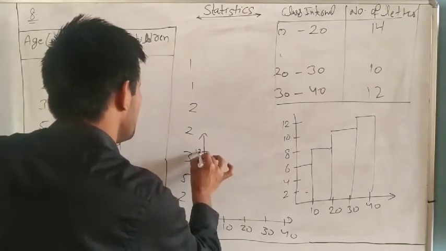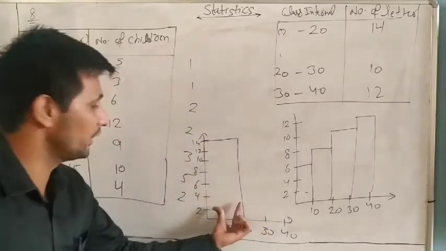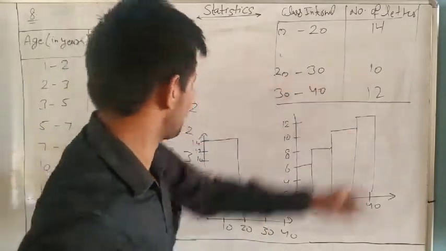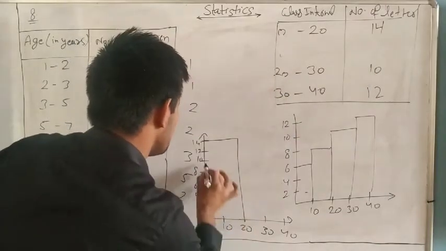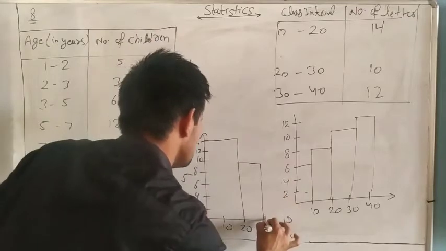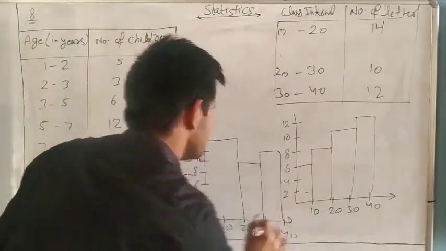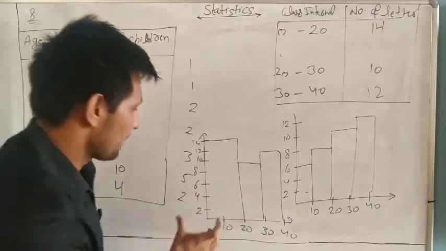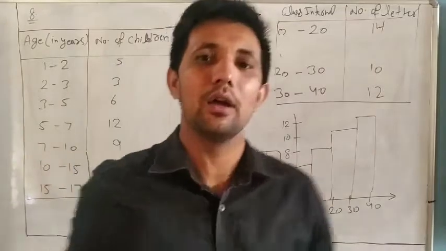So it is 14 for 0 to 20, the width of this one. And now 20 to 30 is 10, only this much. And now 30 to 40 is 12, only this much. You observe here the width of the rectangles is different, whereas before all the widths are the same.